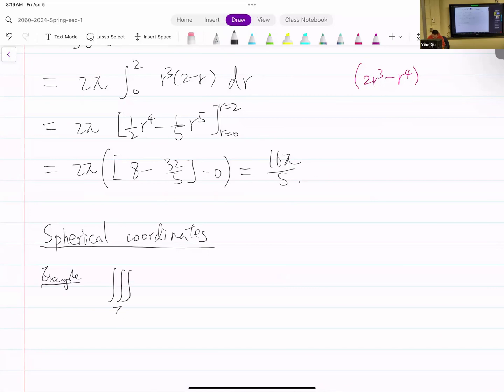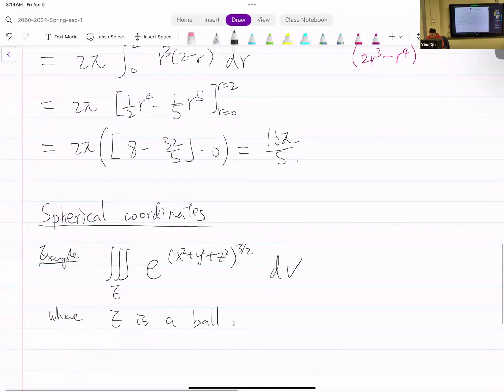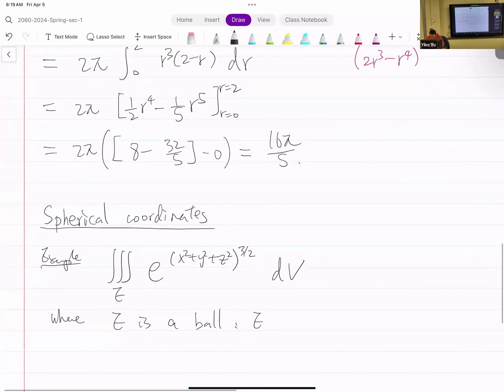Okay? And now let's say we are integrating over a solid E of this function. Here we have e to the exponent of x squared plus y squared plus z squared, whole thing raised to 3/2, and then dV. And here, E is special in the sense that this is a ball. This is a unit ball, okay? Centered at the origin and has radius 1.